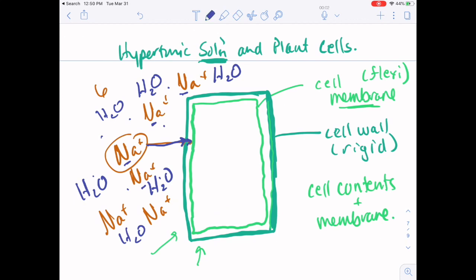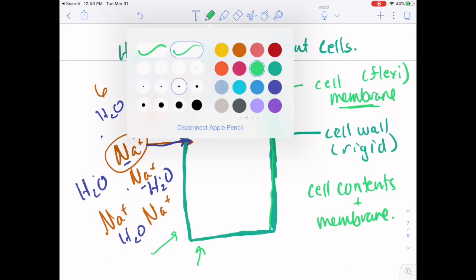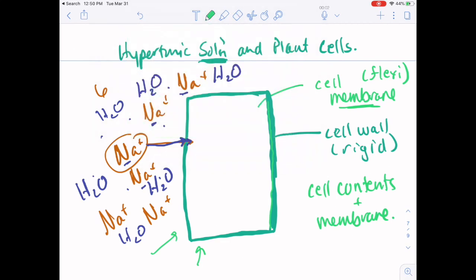As that happens, the contents of the cell membrane will shrink and shrivel. But the cell wall that's rigid will stay in place. So again, I can't remember if you had that lab yet, your diffusion and osmosis lab, where you basically put plant cells, that Elodea, remember Elodea?